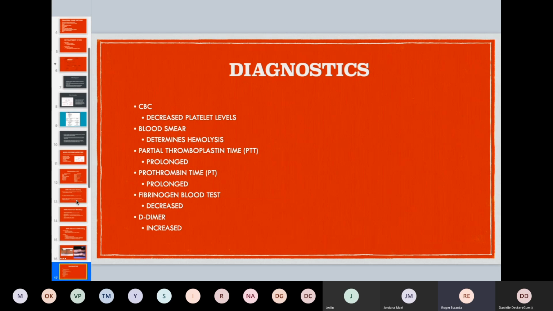Those labs are on this slide, and it's also in your textbook. If you have any of the patients listed under risk factors, those are the very patients that you monitor for DIC. So you look at their blood studies every day to make sure they are not developing DIC, or if they are, then you notify the physician right away.